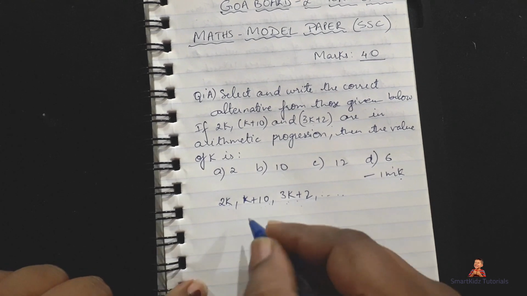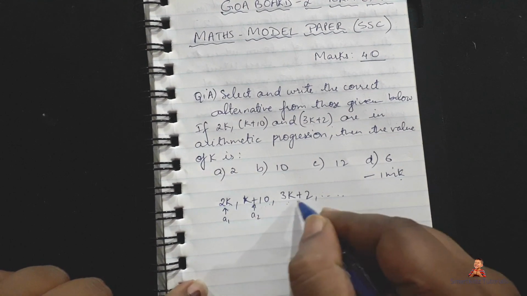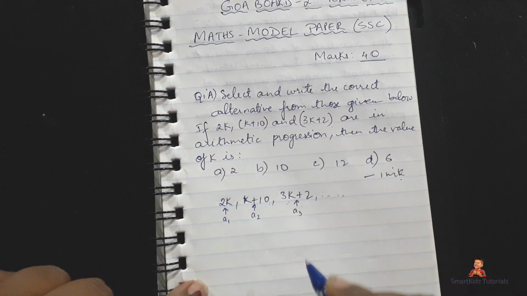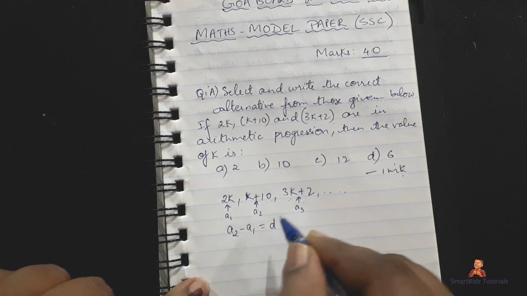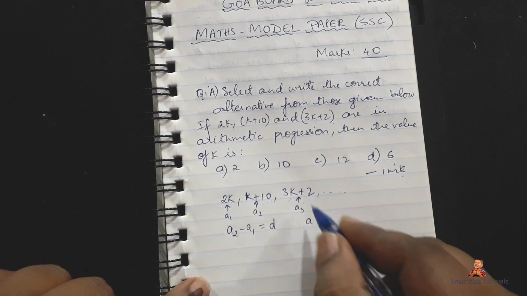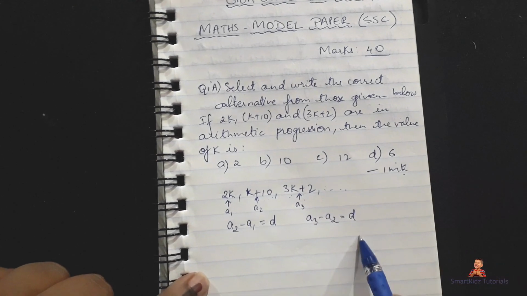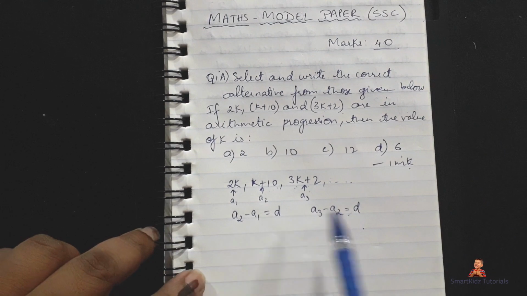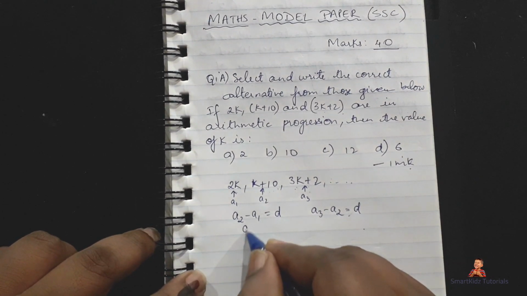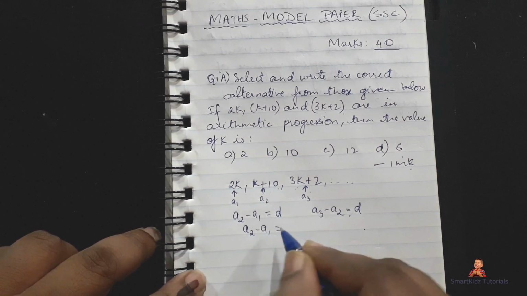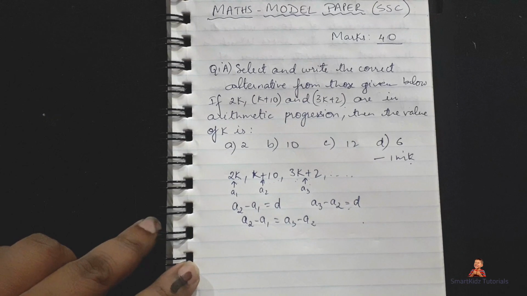If we take this as our first term a1, this as our second term a2, and this as our third term a3, then we can say that a2 minus a1 is equal to d, which is the common difference, and a3 minus a2 will also be equal to the common difference d. In that way both should be equal to each other. So we can say that a2 minus a1 is equal to a3 minus a2.